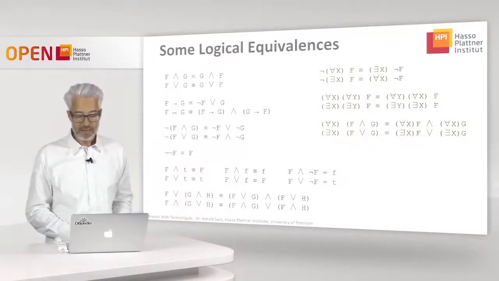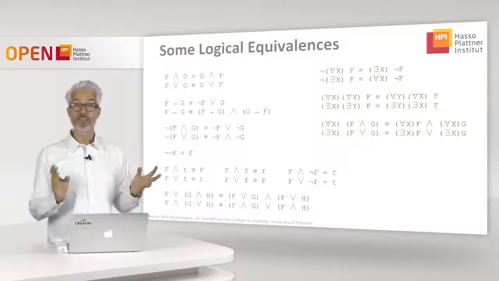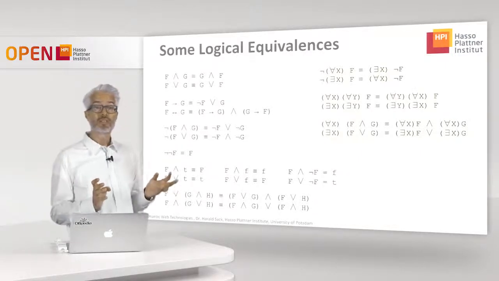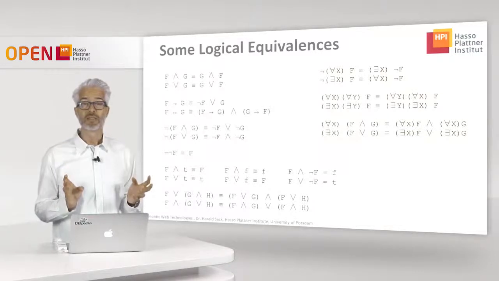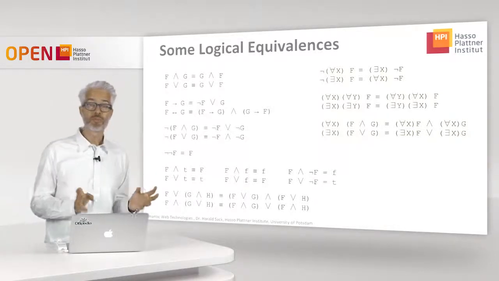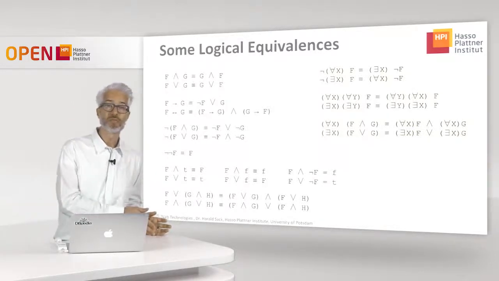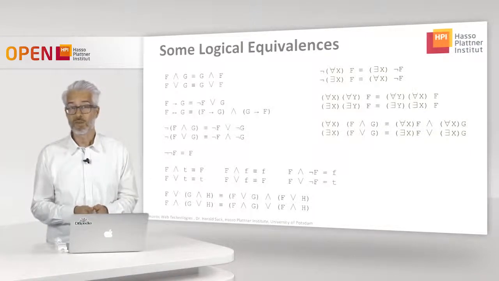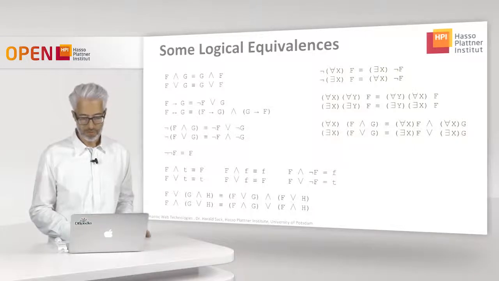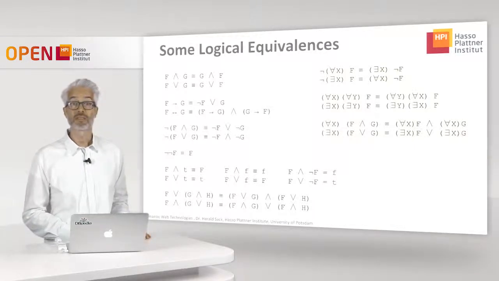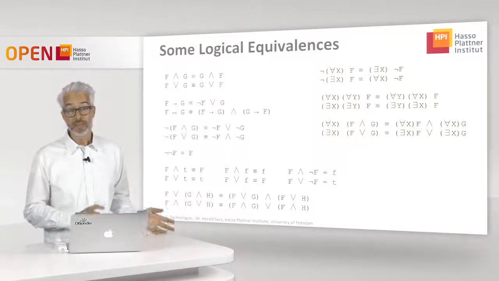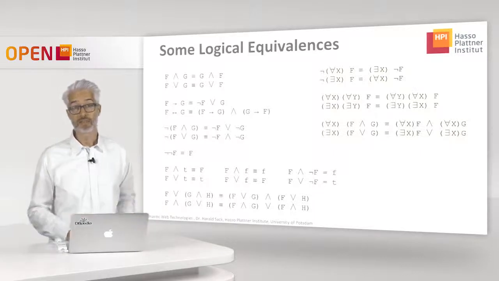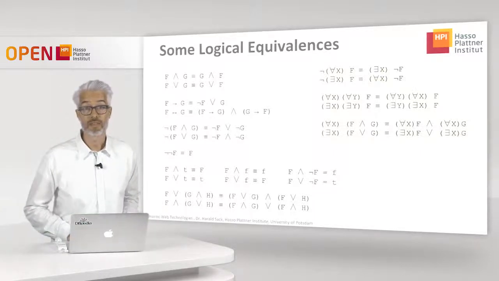And on the other hand, if in my expression which is bound by a quantifier, I can, of course, distribute also this quantifier over the constituents of my bounded expression. And this is the distributive law for quantifiers that you see here. So these are some logical equivalences which can be considered.